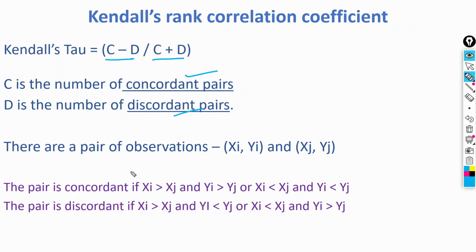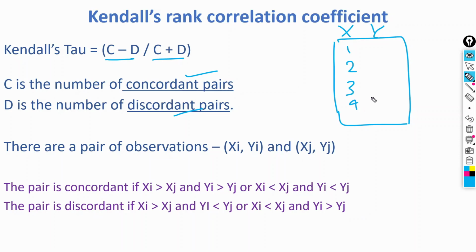Let's understand. We have some data here. This is your X, this is your Y. Let X be 1, 2, 3, 4 and Y be 1, 2, 6, 5. So what we do is compare Xi, Yi, Xj, Yj.